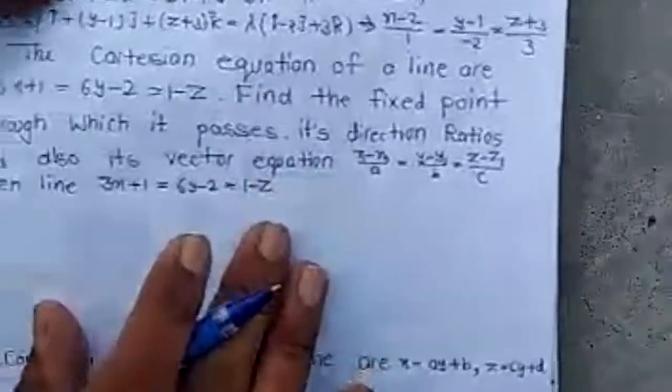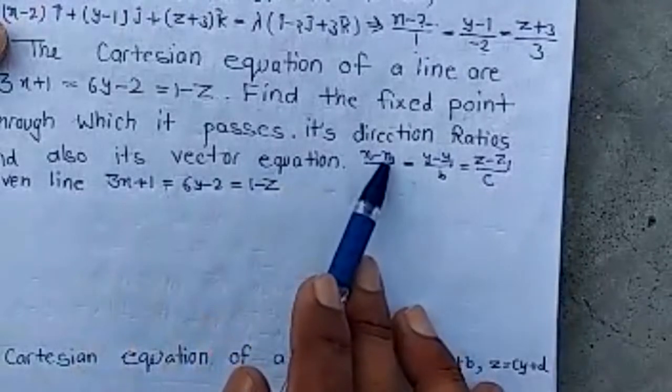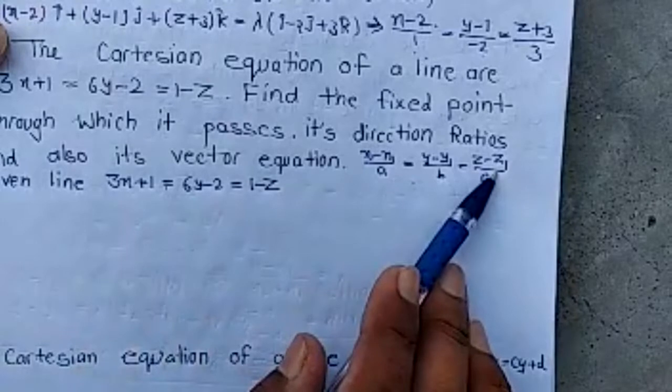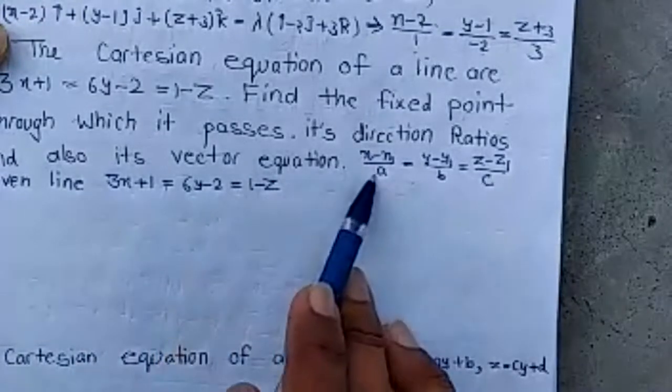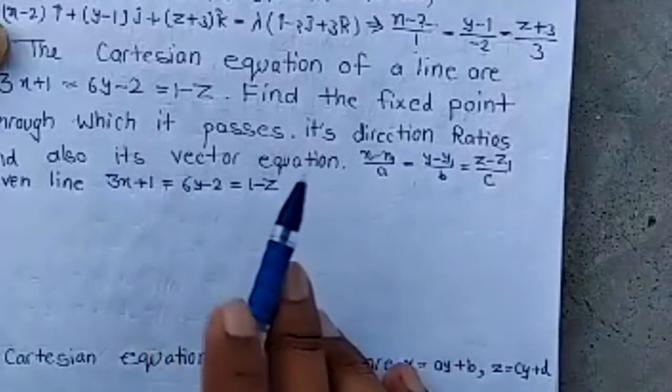In this form, the point x1, y1, z1 is the fixed point through which this line passes, and a, b, c are called the direction ratios of the given line.